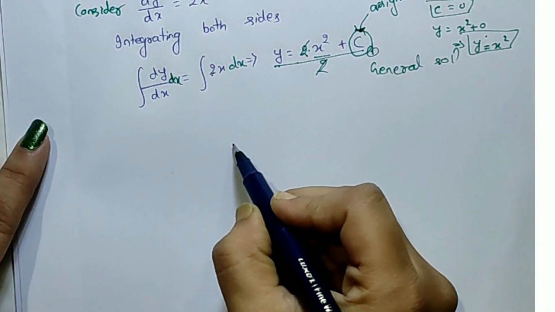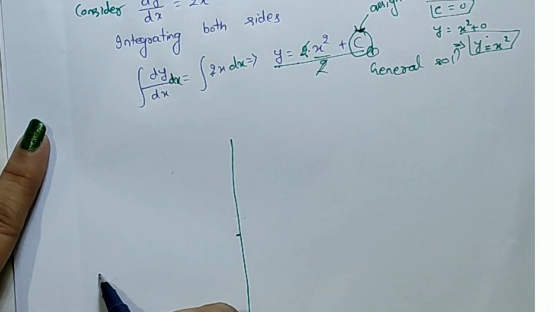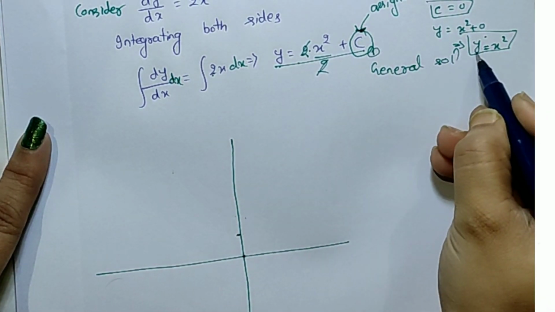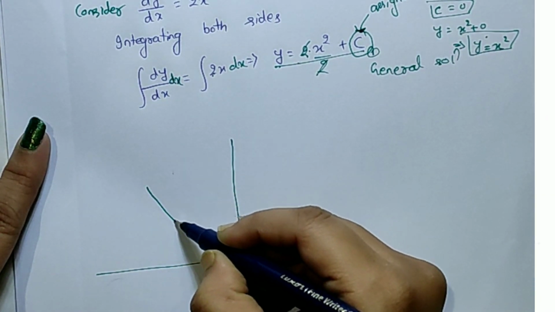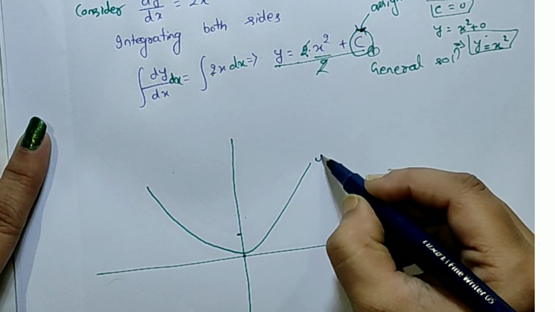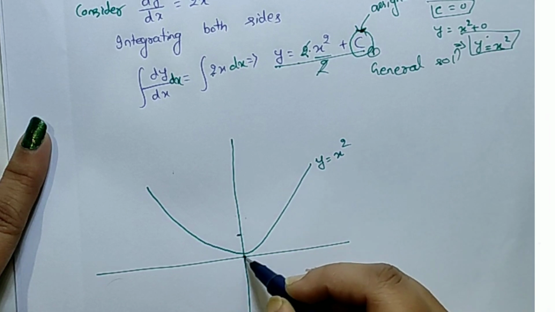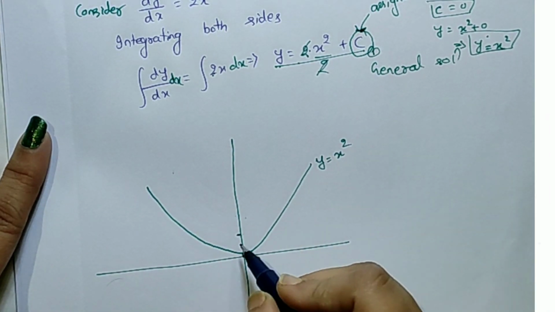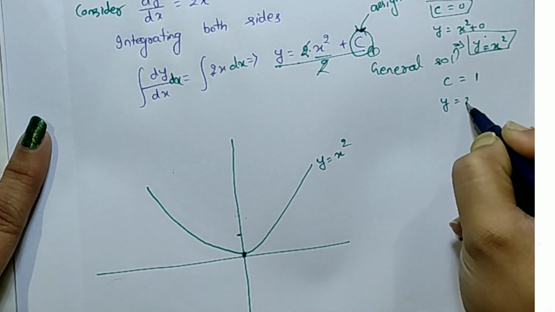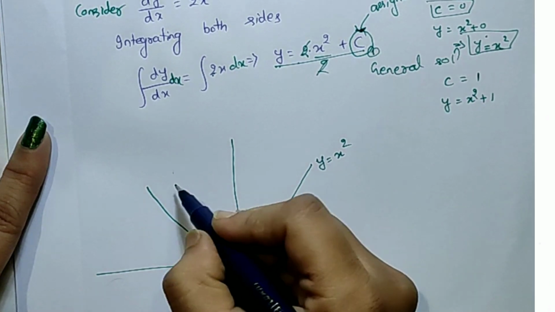Let's have a graph. Y is equal to x square, this is the graph, passing through point 0. Suppose we put c is equal to 1, then y is equal to x square plus 1.